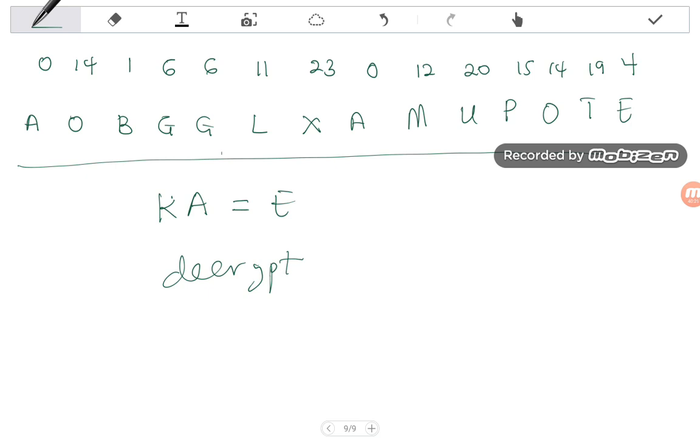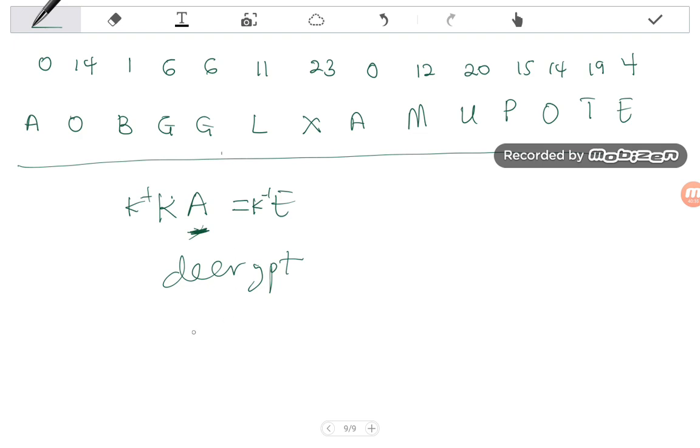To decrypt this message means to make sure that A is standing alone. To do that, we multiply this side by K inverse, and also this side by K inverse.